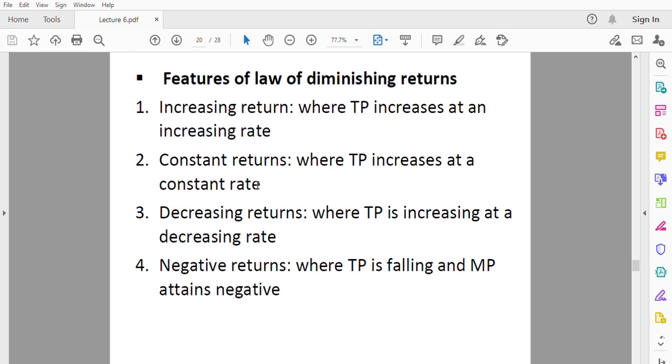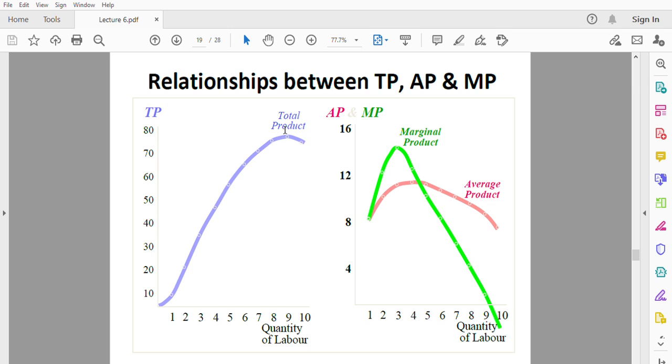I would want you to note that decreasing returns and negative returns put together are what is called diminishing returns. The total product starts increasing at a decreasing rate, and then starts falling. So when marginal product is falling, we say diminishing returns has set in.